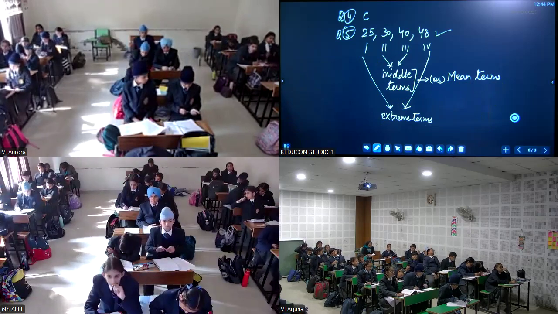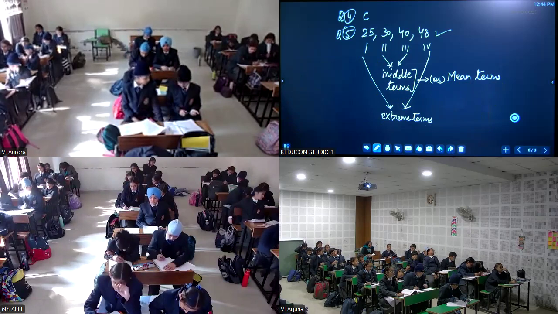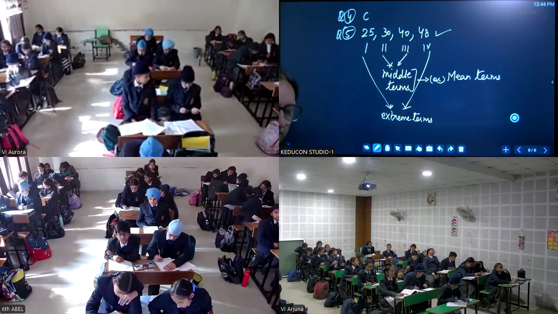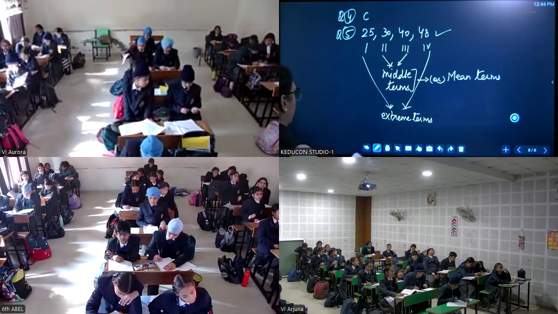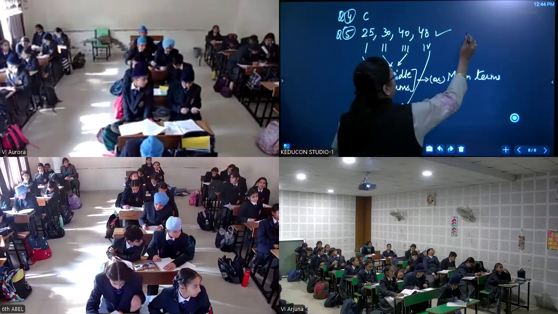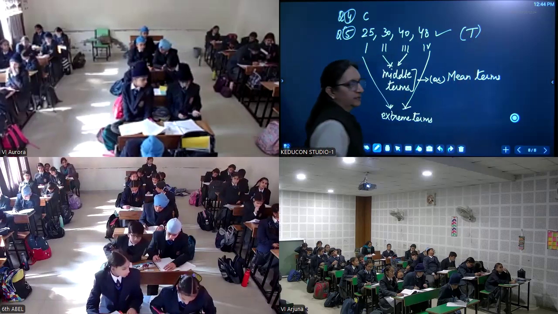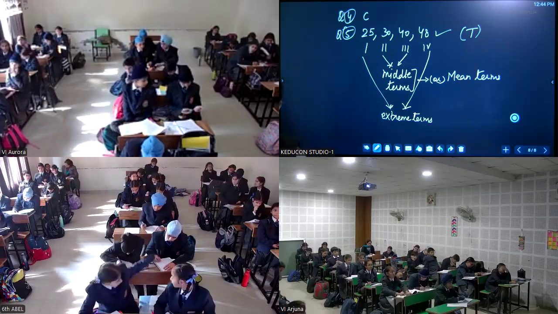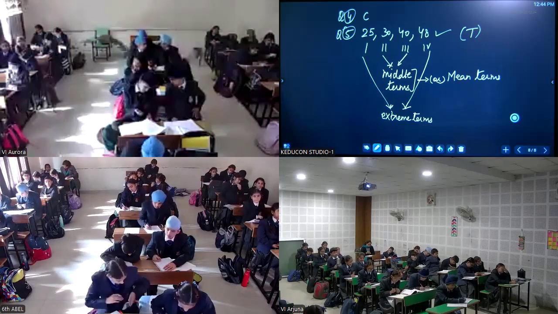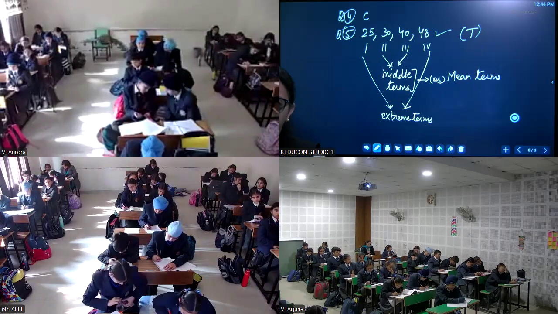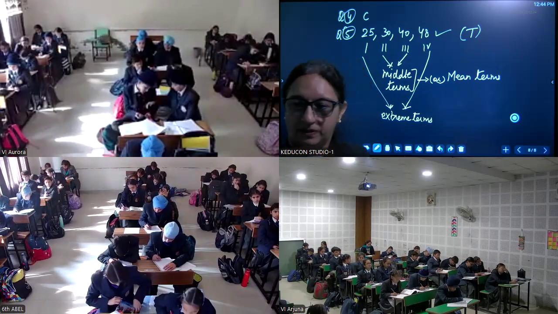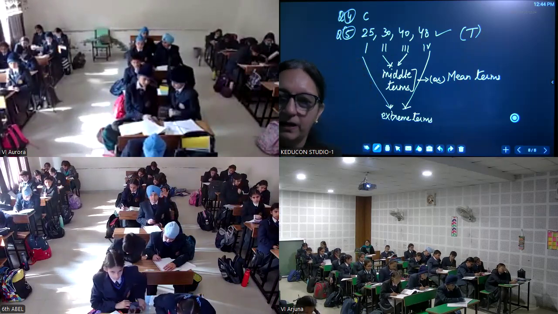First and last, that is first and fourth, are called extreme terms. Okay, that's why it is true. This is new for you, please write it. Mean terms means middle ones. Corner terms are called extreme terms. First and last are called extreme.